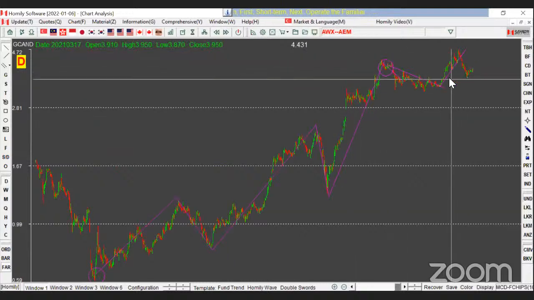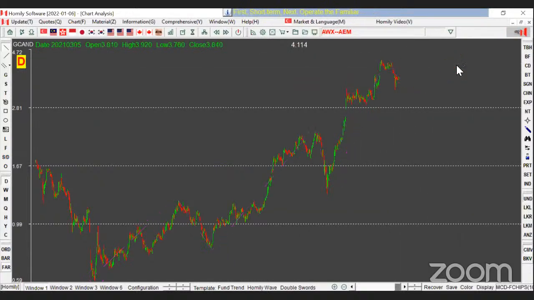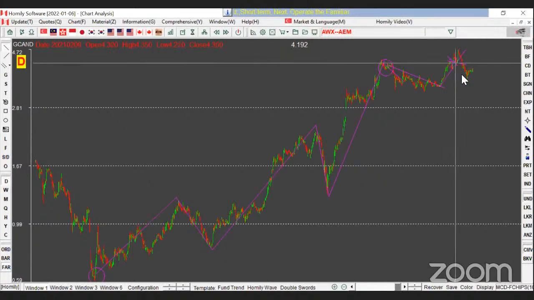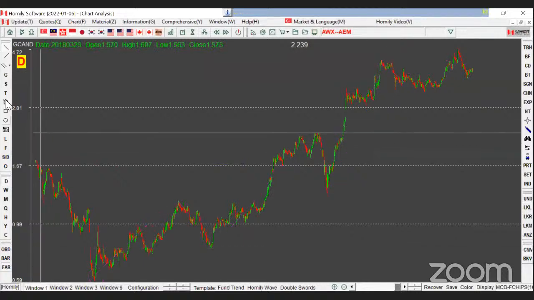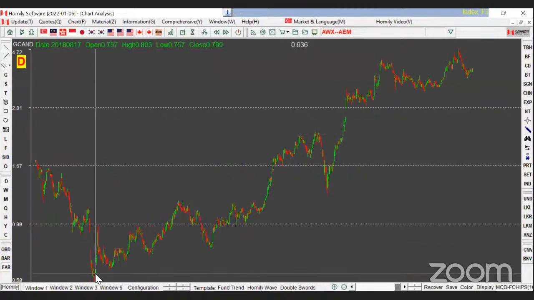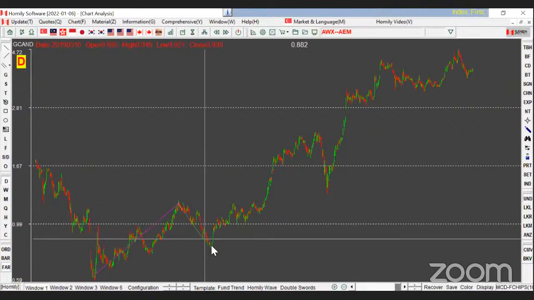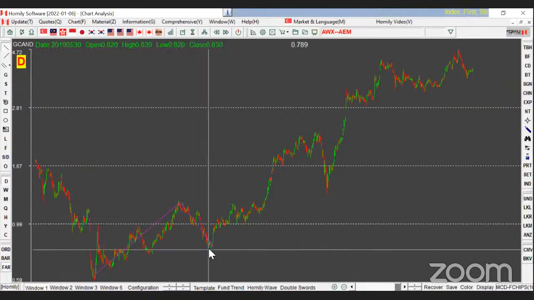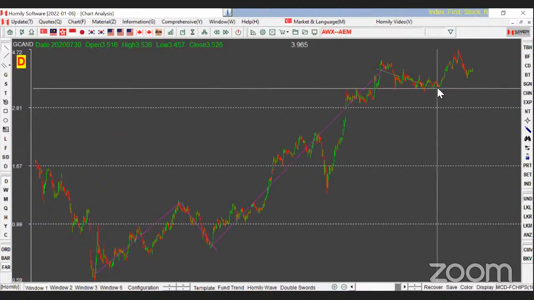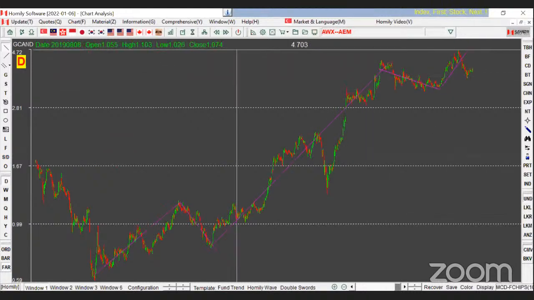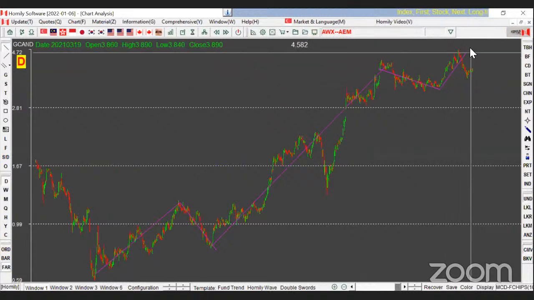So after the price hit a new high, you may want to count the 5 waves in a different way, right? Maybe this is the first wave, 1, 2, maybe this is the third, and 4 and 5. Now we're still in the fifth wave.